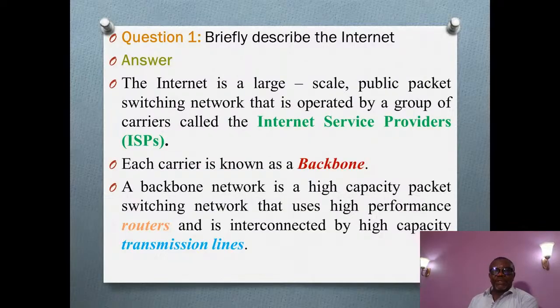A backbone network is therefore a high-capacity packet switching network that uses high-performance routers and is interconnected by high-capacity transmission lines. As we go on, we will see more about routers and transmission lines used in internet operations.